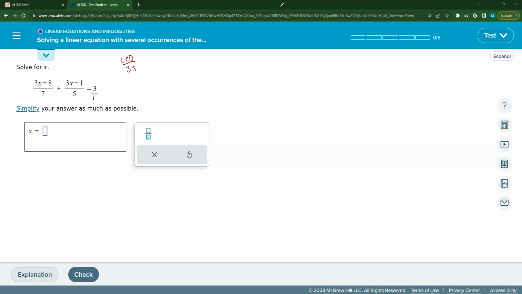I'm going to rewrite the problem over here. 3x plus 8 over 7 plus 3x minus 1 over 5 equals 3 over 1. Now, if we multiply absolutely everything by the lowest common denominator over 1, we can see what happens.